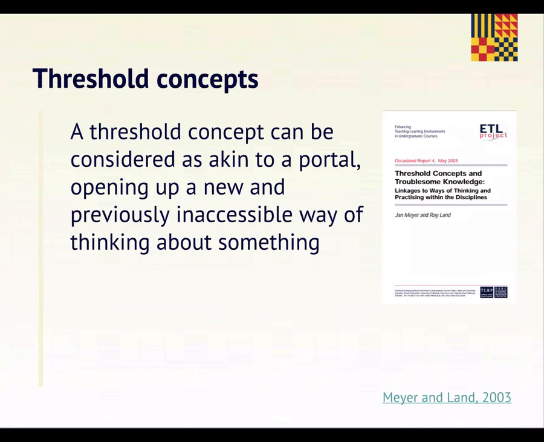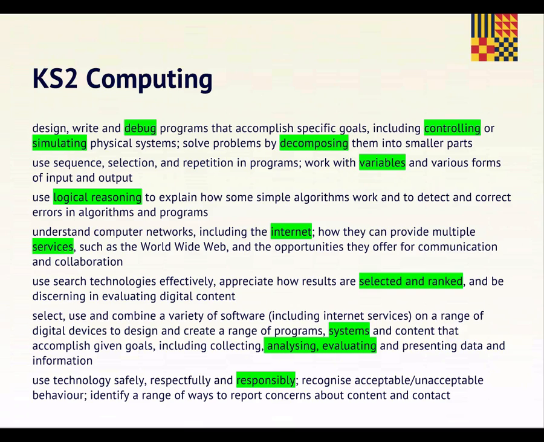We have this notion of the threshold concept, the thing which is hard to acquire, but once you've got it, your way of seeing the world changes. Abstraction would be on my list. Variables would be on my list. Here is my list. So looking at Key Stage 2 computing and highlighting in green the stuff which is hard to grasp.